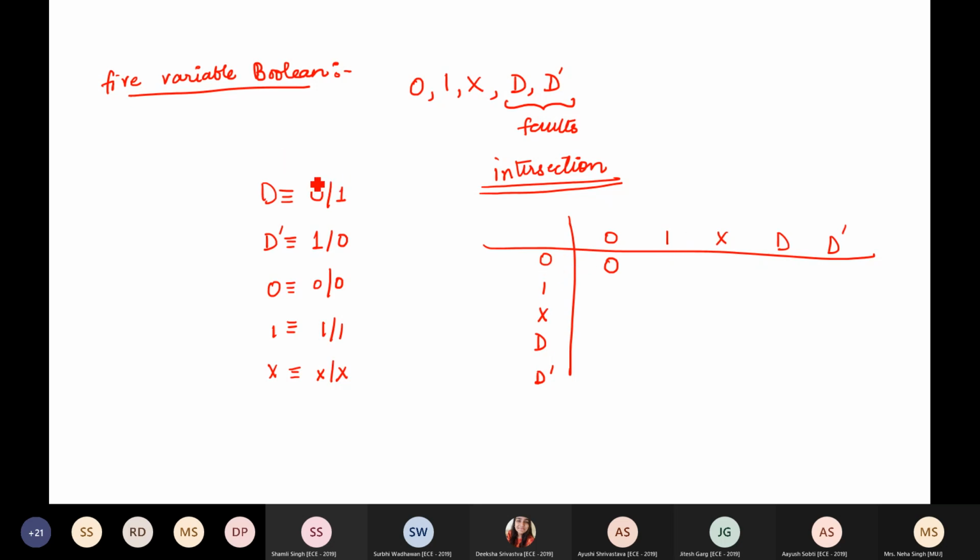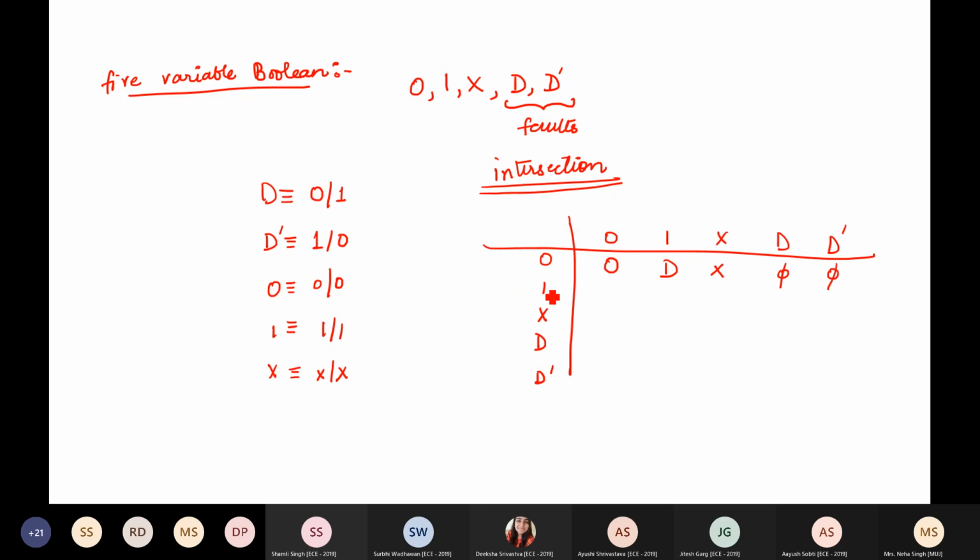So here the actual value is 0, but it is read as 1, so we call it D. अगर कहीं ऐसा हो रहा है कि actual value is 0 but the read value is 1, then we indicate this with D. 0 X will always be X. 0 intersection D is not defined because D itself indicates a fault and the complementary is D bar. Therefore, this is also not defined.